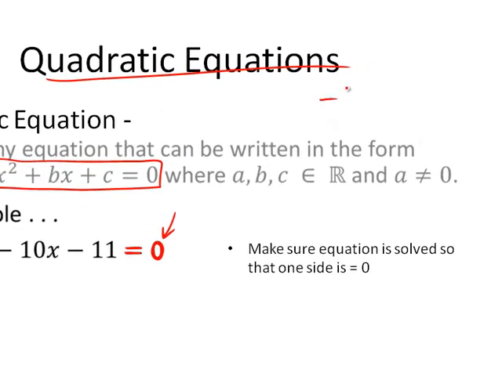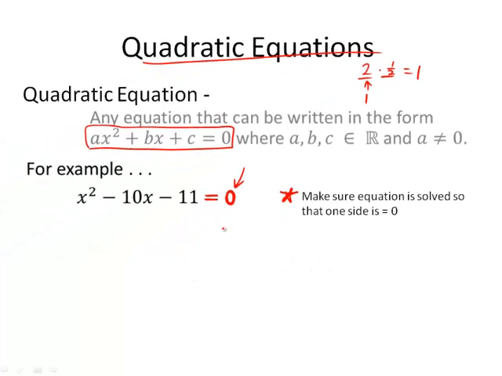You can't say that if something times something equals 1, then one of those things is definitely a 1. There's no telling about that, right? You could have 1 times 1, but you could have 2 times a half, for example. So my point here is make sure that you have everything on the left or the right, but the other side is always equal to 0.